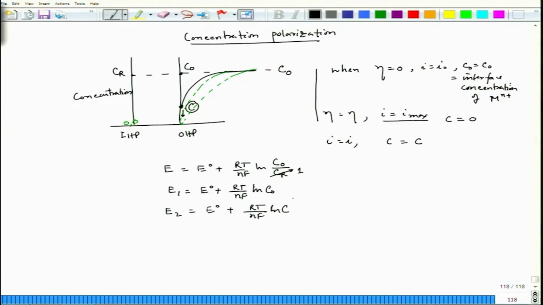So, I am getting these two equations. So, the overvoltage would be E equals E 2 minus E 1, and this overvoltage is due to this concentration change of this metal ion. So, in short I can mention it as concentration, and this is concentration polarization or overvoltage.